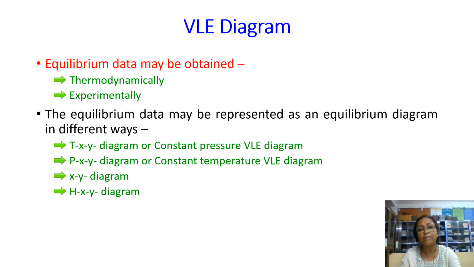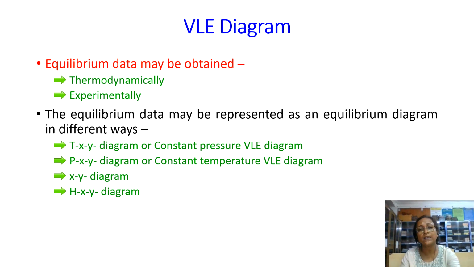Now, this equilibrium data may be represented as an equilibrium diagram in different ways. First is the TXY diagram, where T represents the operating distillation temperature, X represents the mole fraction of the more volatile component A in the liquid phase, and Y represents the mole fraction of the more volatile component A in the vapor phase at equilibrium condition.